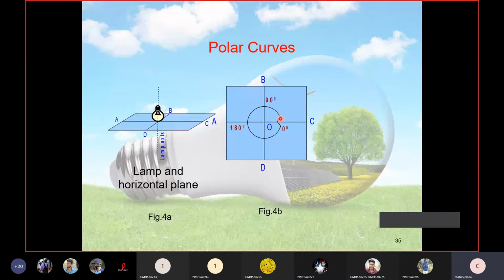This variation is due to the presence of the filament breakup. Because of this filament breakup, we see a small change in the luminous intensity. This graph is called the polar curve in the horizontal plane.